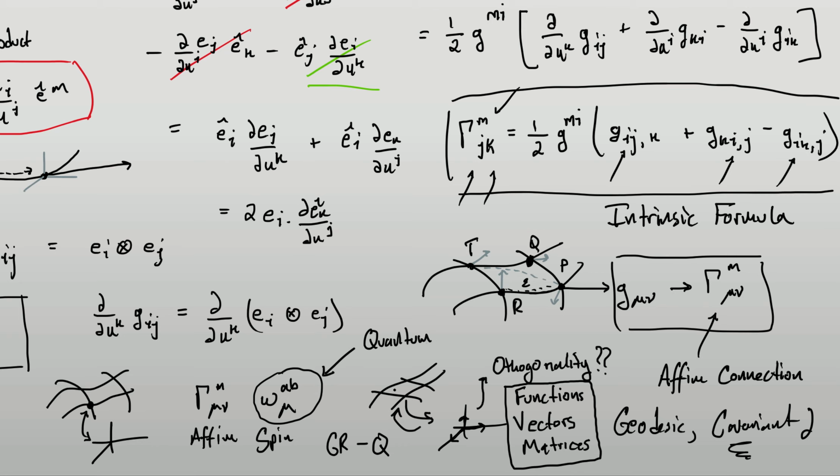Because again, I'll just reiterate this one more time. Matrices can act as bases for quantum states. Vectors can act as bases for quantum states.